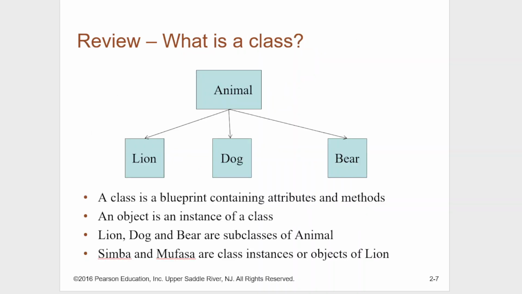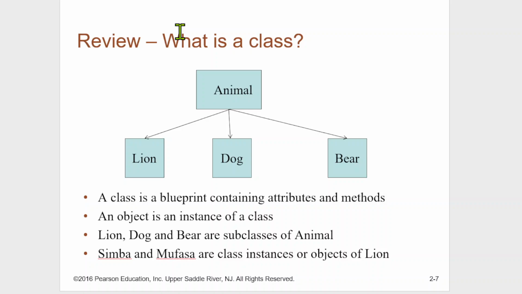So let's take a quick look over here. What is a class? Well, a class is a blueprint for attributes and methods. If we're thinking about animals, we would say that lions, dogs, and bears are subclasses of animals. So animals is a class, and lion, dog, and bear would be like subclasses.